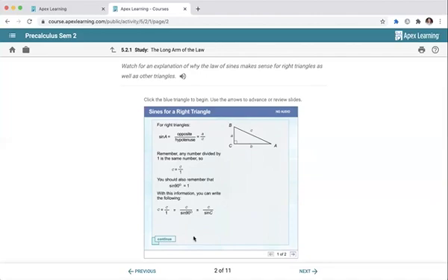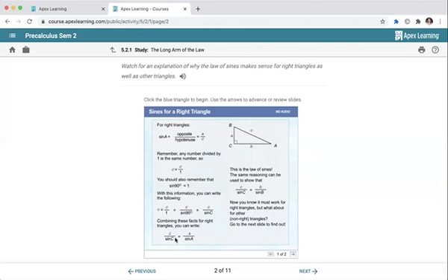So combining these facts, we can say c over sine of C is equal to a over sine of A. And we can do the same thing for B. You can prove that this works for all of our sides.